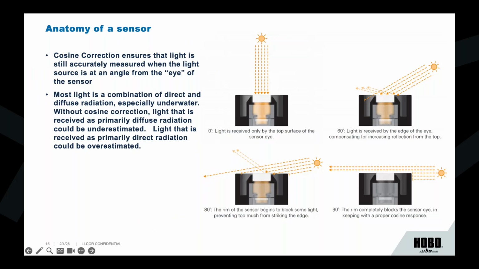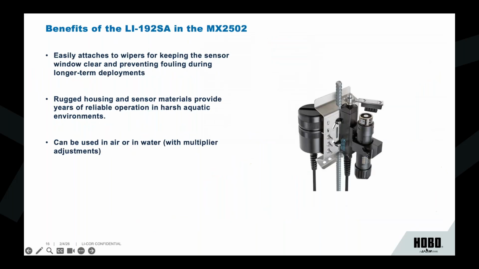The other aspect that it has is a wiper, because when we're talking about underwater measurements, we have to consider biofouling. Things like to land on other things, and the number of barnacles that I have seen on LI-192s that have come back for calibration is not small. So sometimes our technicians do chip barnacles off of instruments when they are calibrating them.